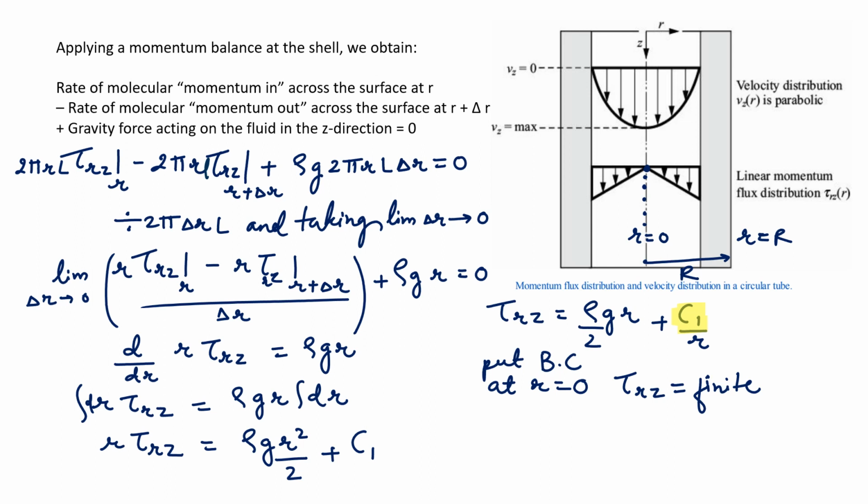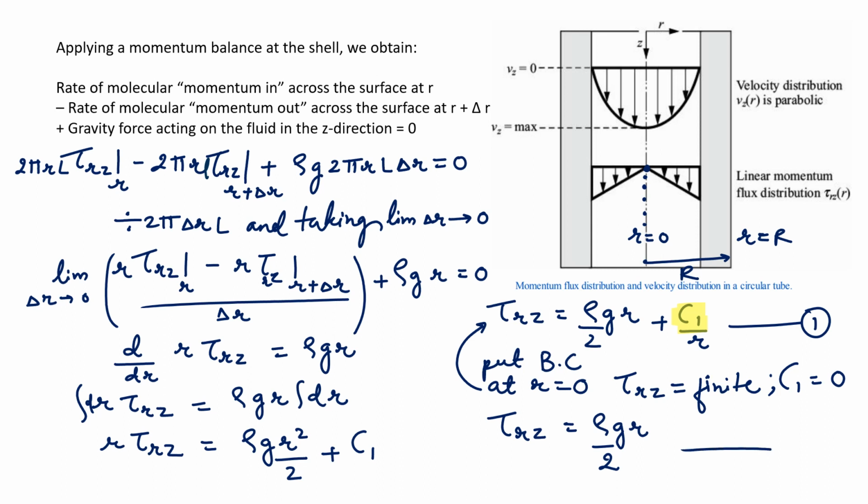So putting this value, I get C1 equals 0. Putting C1 equals 0 in equation 1, I get tau rz equals rho g r upon 2. Now we will use this equation in the next slide.